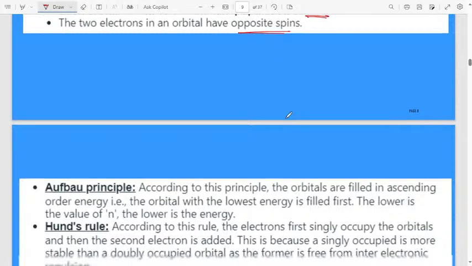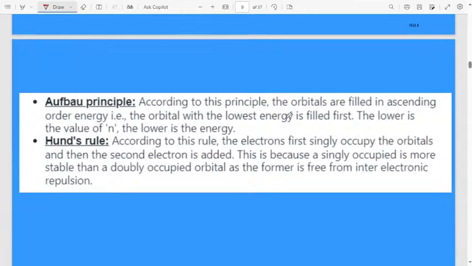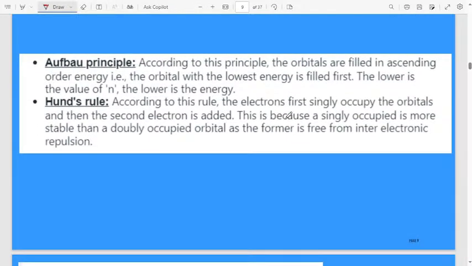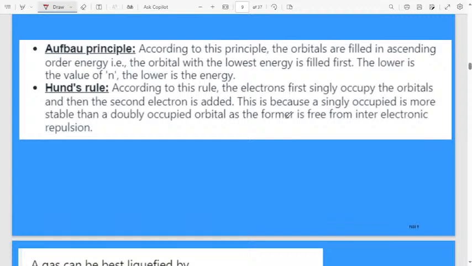What is meant by the Aufbau principle and Hund's rule? Let us consider in detail here. According to the Aufbau principle, the orbitals are filled in ascending order of energy. The orbital with the lowest energy is filled first; the lower the value of n, the lower the energy level. Always when you are filling the electrons, you have to fill the orbital having the lowest energy.